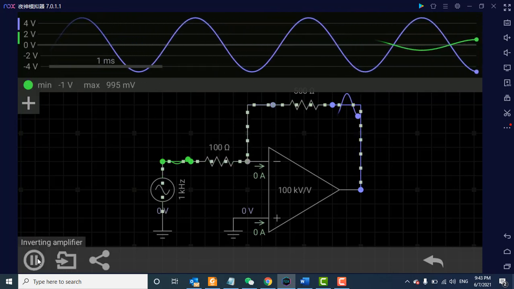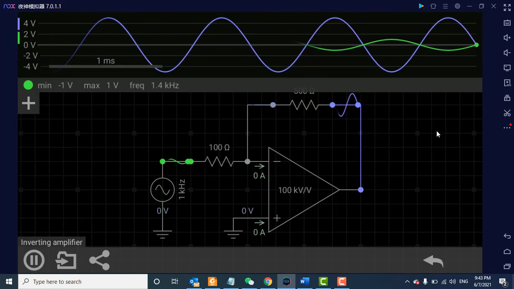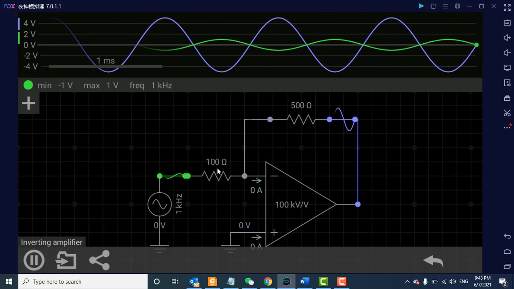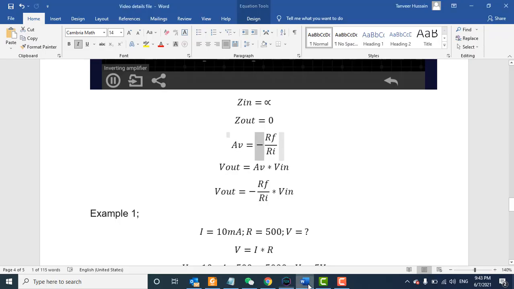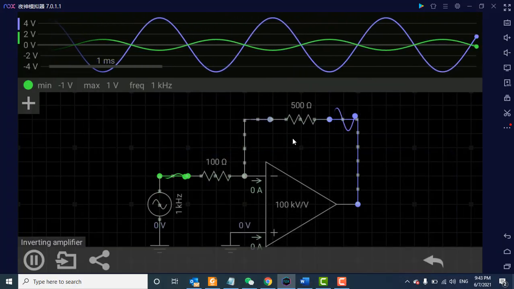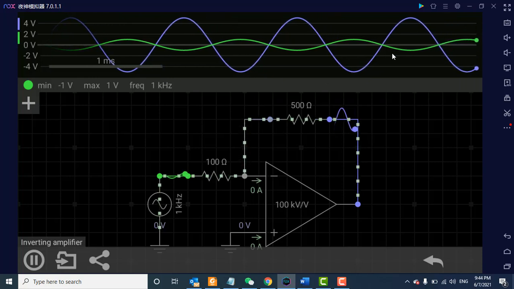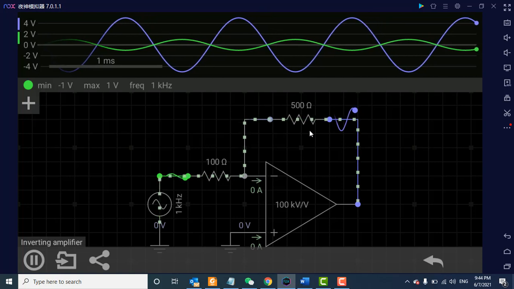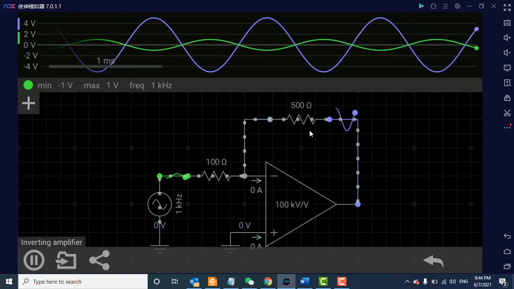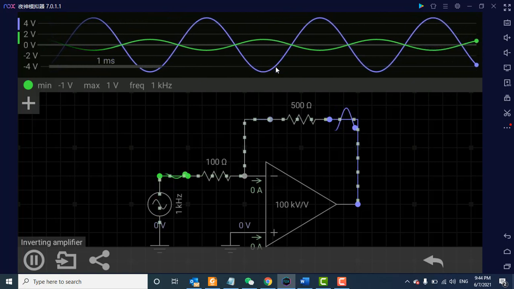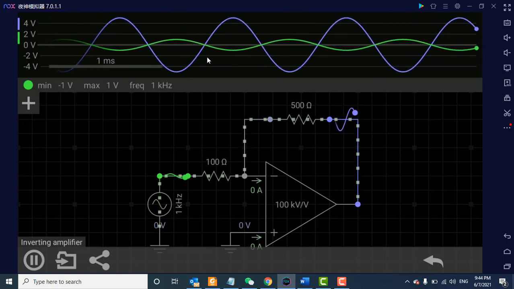Now you can see, if RF is 500 and R in is 100, the gain is RF by R in, which equals 5. So it will amplify the signal 5 times. You can also see the inverting, the phase will be opposite. When the input is positive, the output is negative, but 5 times greater than the input.